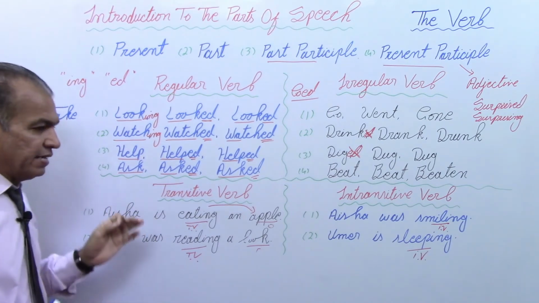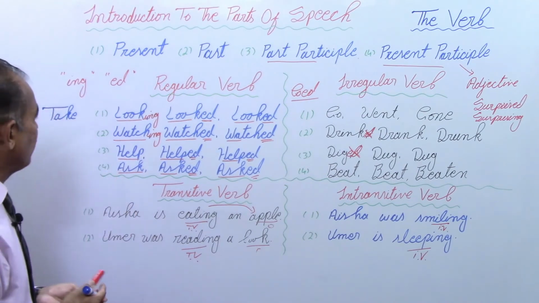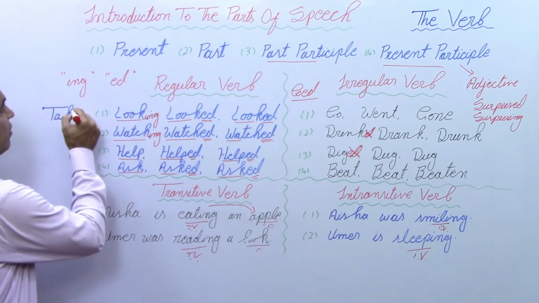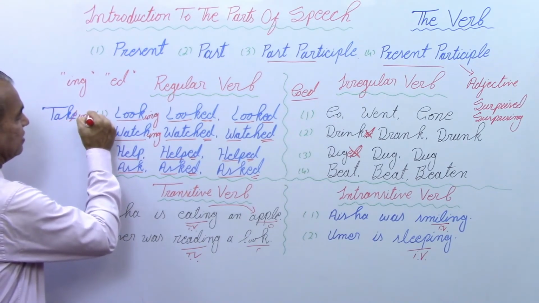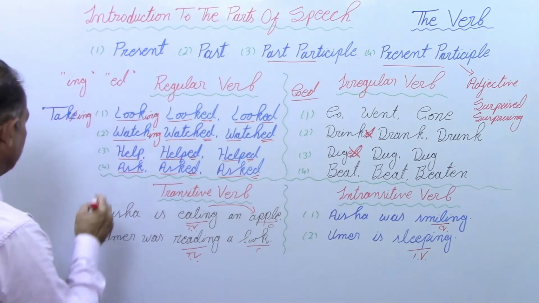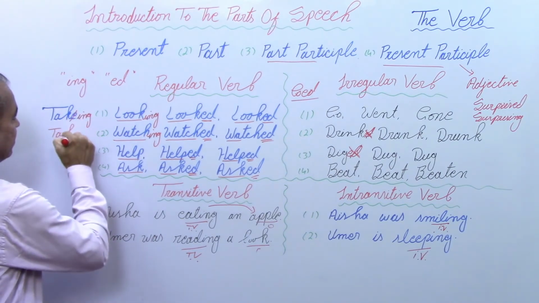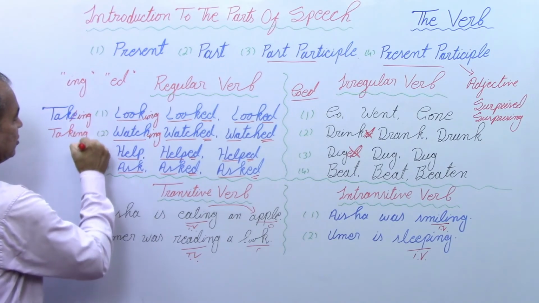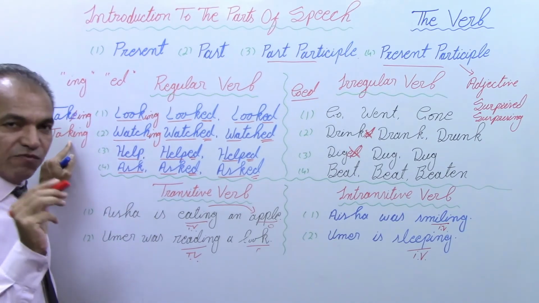Guys, keep in mind that if there is a silent E at the end of the first form of the verb, then before adding ing, you will remove that E. Means you will remove E and then add ing. Now it will become taking, TAKING. Means you have removed E from the fourth form of the verb.